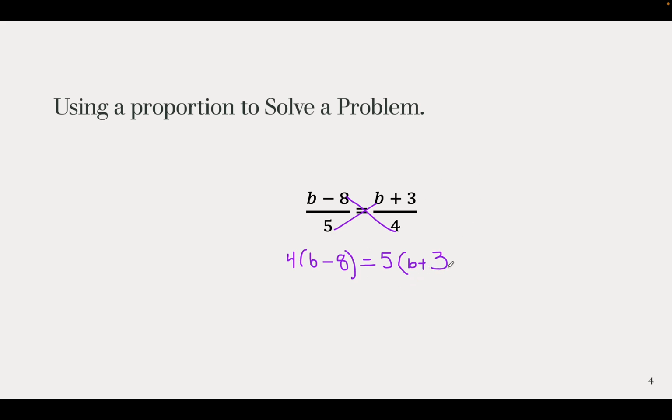Now that I've got parentheses in there that I just put there, I got to take them out because they're in the way, so I'm going to actually do the multiplying here. 4b minus, it'd be 32, right? equals, all right, so then I got 5b plus 5 times 3 is 15, right?